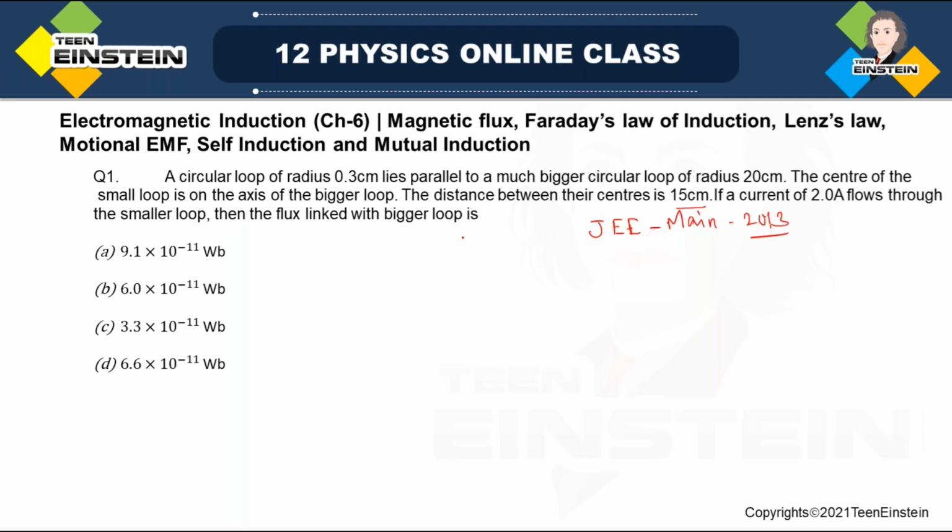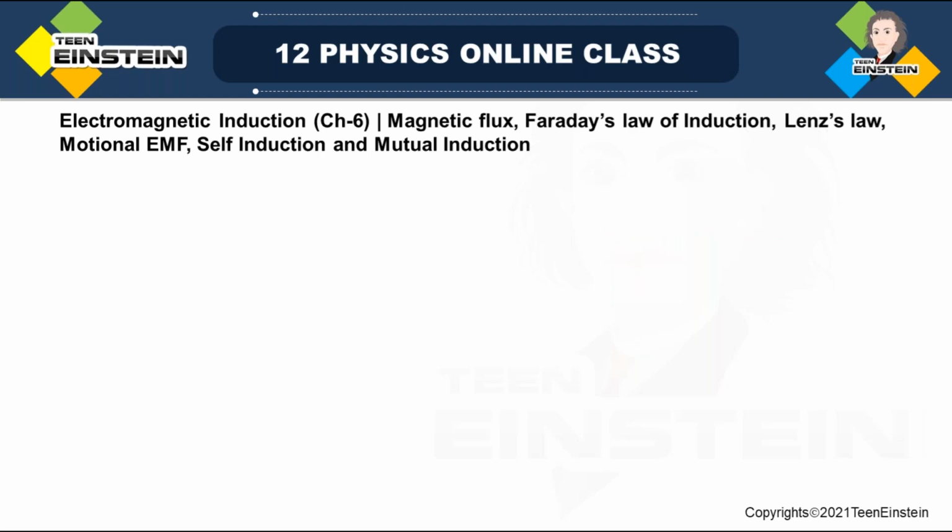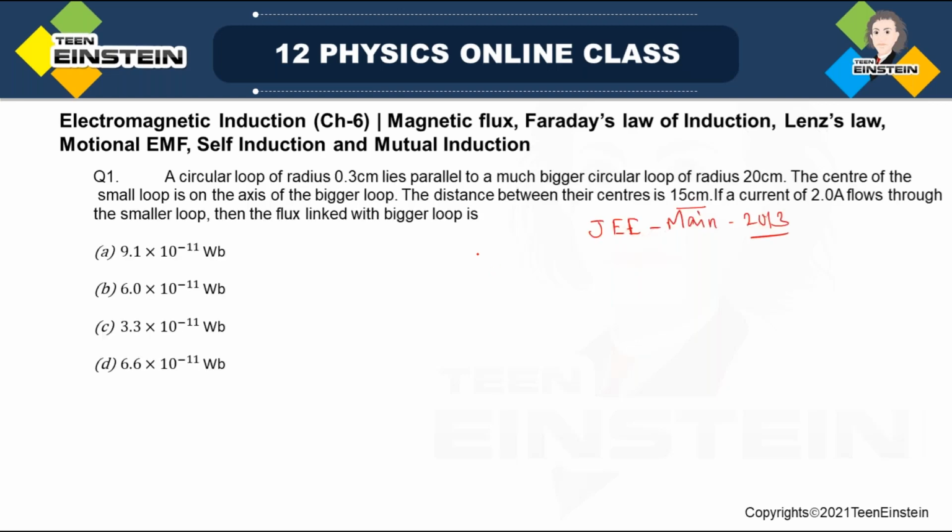So basically the problem is like this, that there are two loops. This is the bigger loop. Let's say this is the center of the bigger loop and this is the axis of the bigger loop.